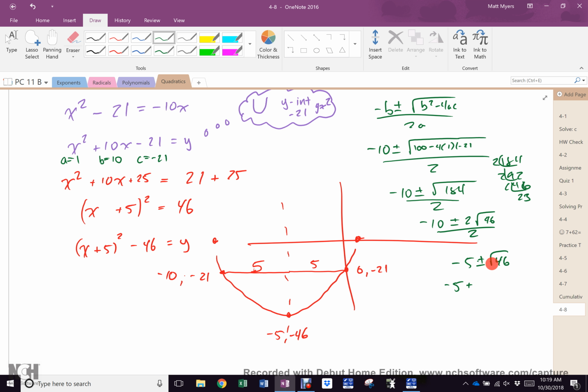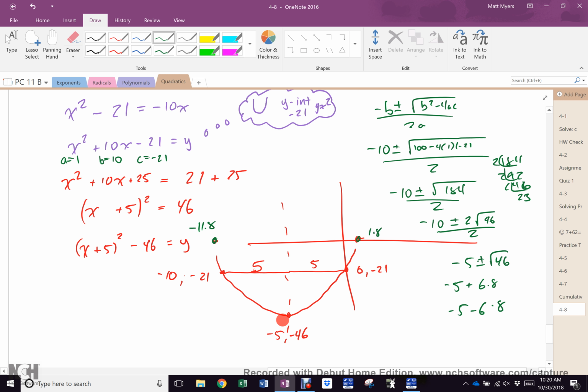So it would be negative 5 plus 6.8, right? Everybody happy with that? So I'd have a dot at around 1.8. And it's negative 5 minus 6.8, which would be negative 11.8. This dot out here would be negative 11.8, right? Then I could use my calculator to add those two numbers, divide by 2, and get my x value.